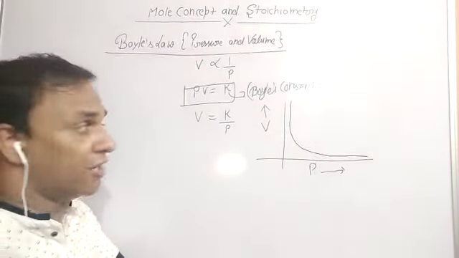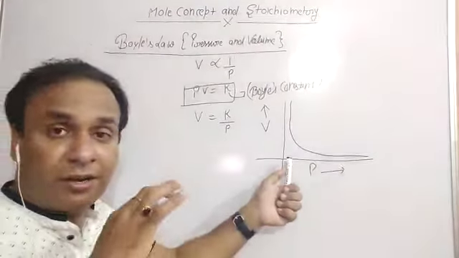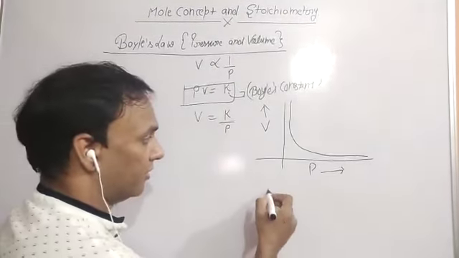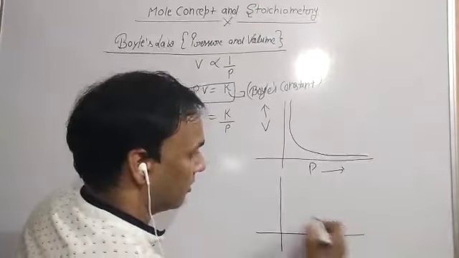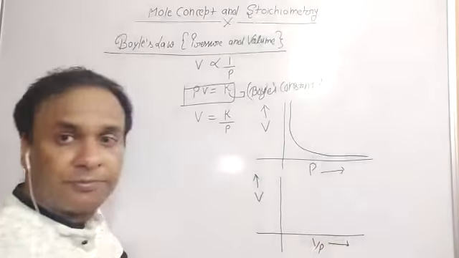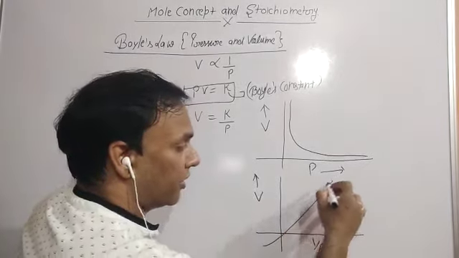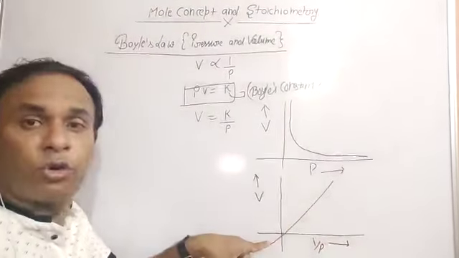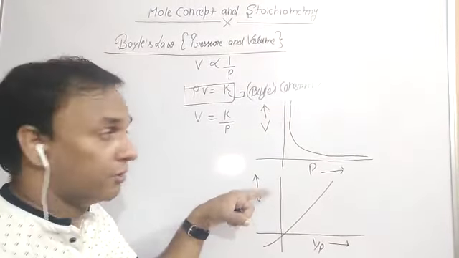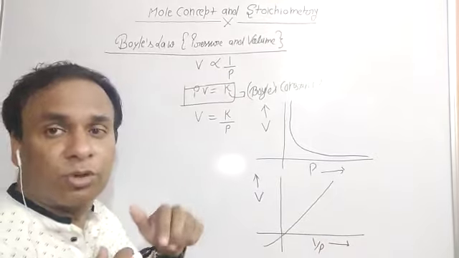But when we plot the graph between volume axis and 1 upon pressure axis, we get a straight line which passes through the origin. With the help of these two graphs, we can prove this statement is true, and that shows Boyle's law.